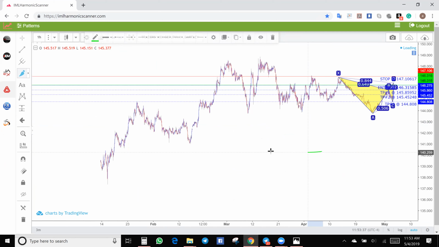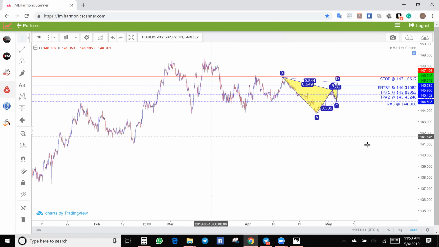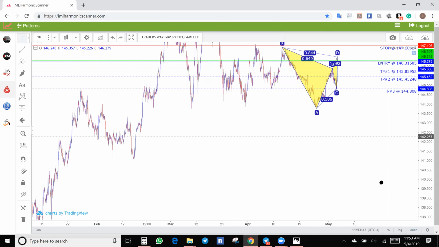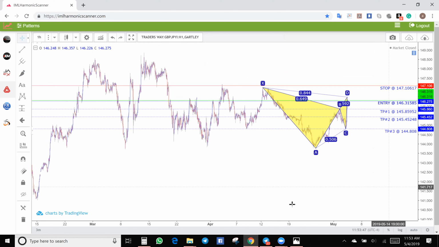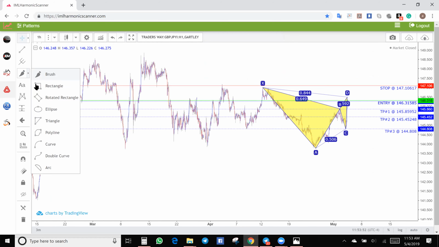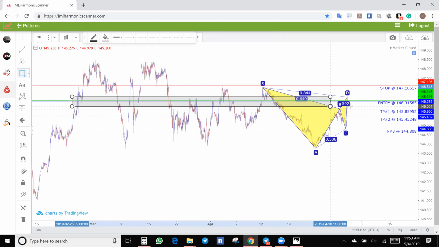I have GBP/JPY. Check this out, guys. From an eyeshot of GBP/JPY, it looks like a good potential sell, right? We can look at it after. How does this zone look?